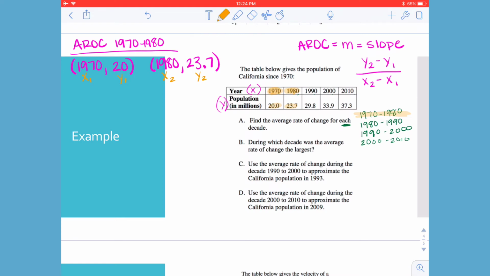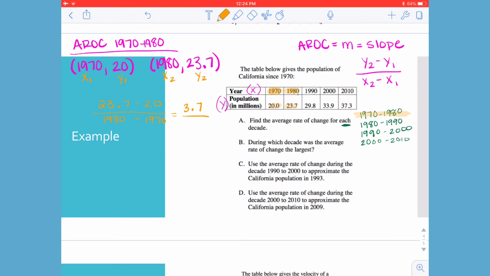And now I'm going to plug these into the average rate of change formula. So I have 23.7 minus 20, those are my y values, over the difference in my x values, so 1980 minus 1970. And I'm going to go to my handy dandy calculator and type in 23.7 minus 20, and that gets me a solution of 3.7.